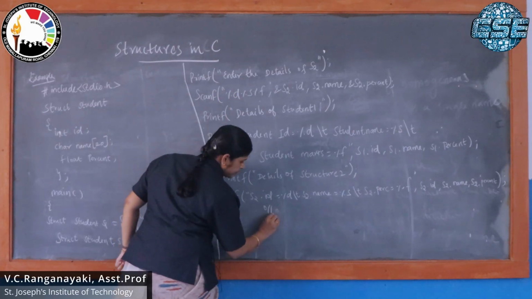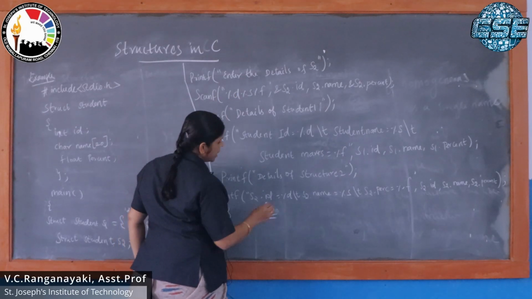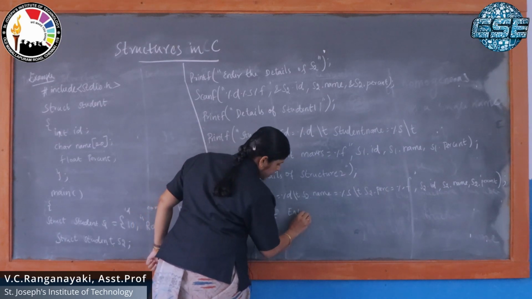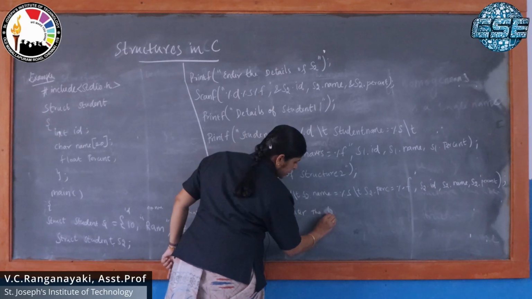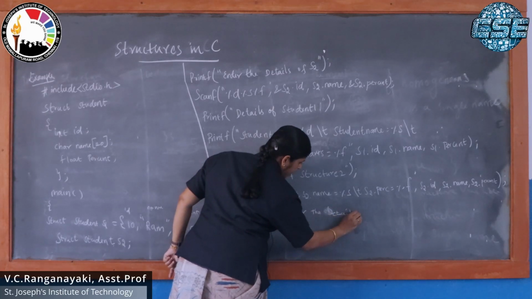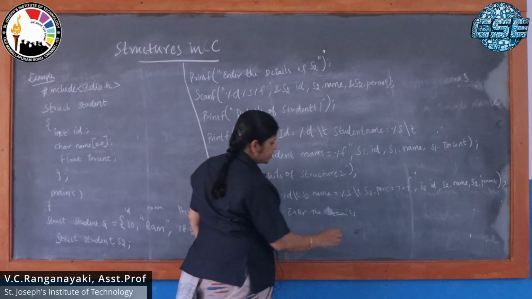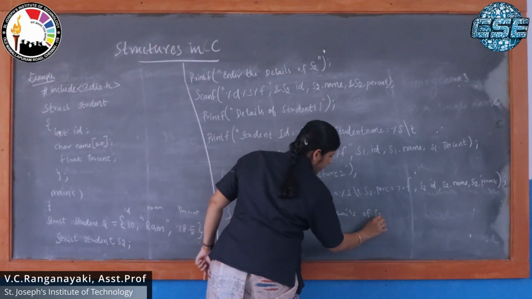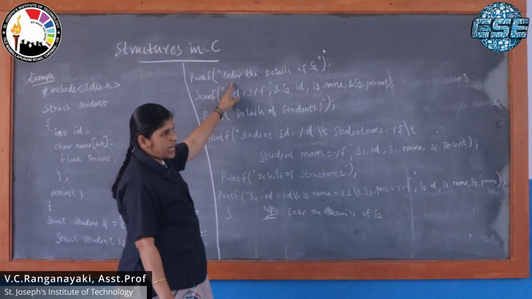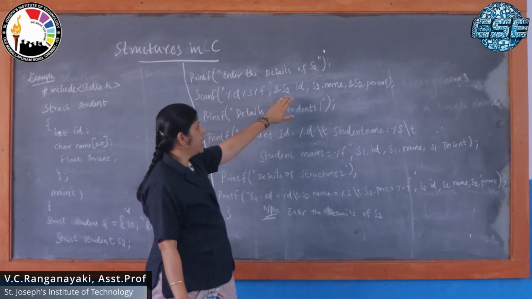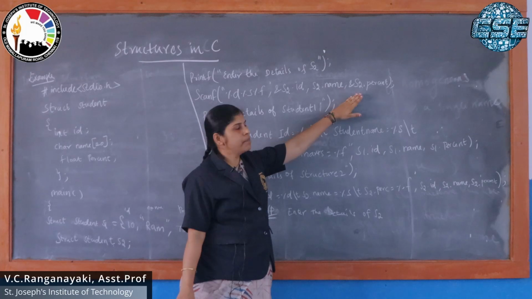Okay, the output is: Enter the details of S2. Now I'll give the values of S2. We have to give first the ID, next the name and percent.